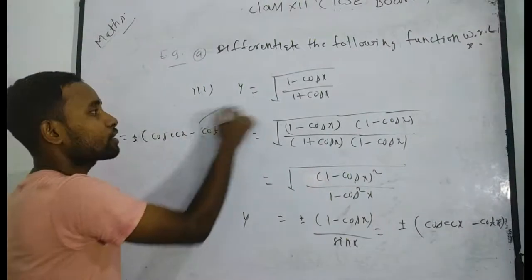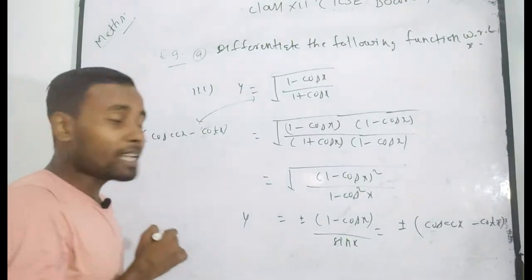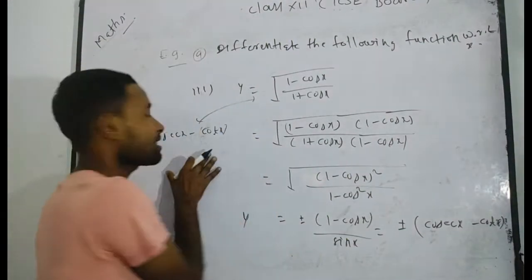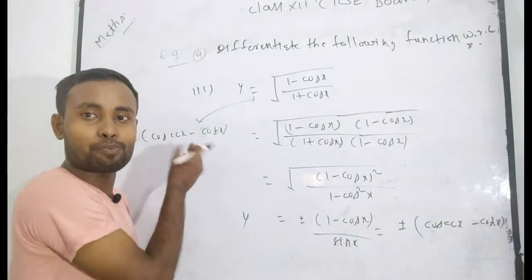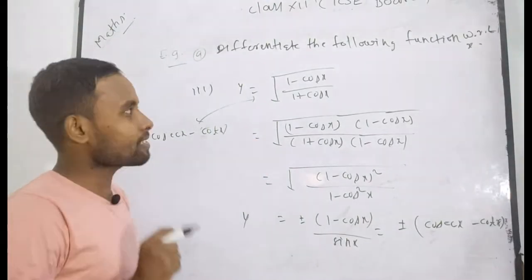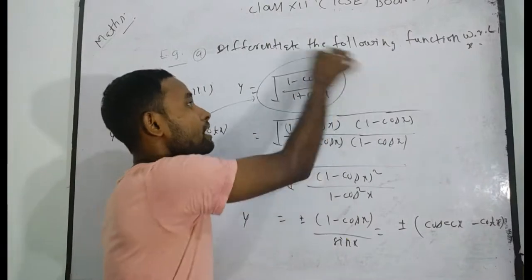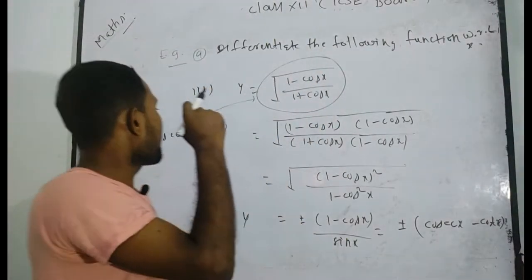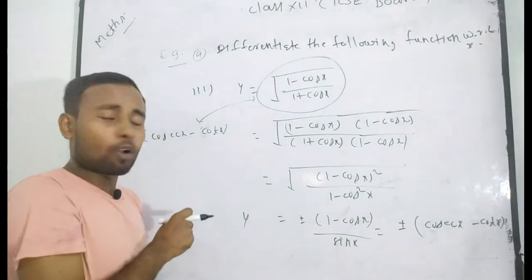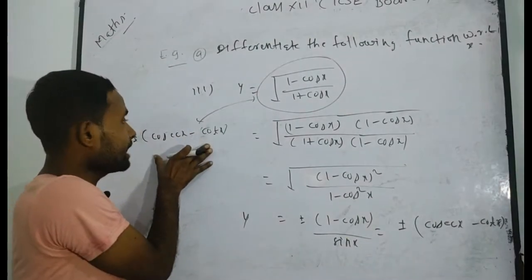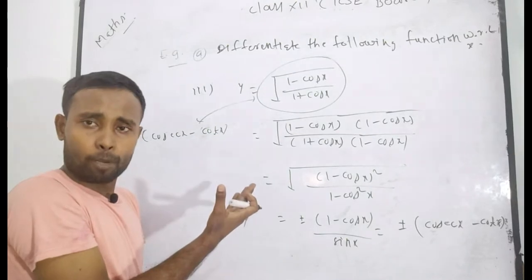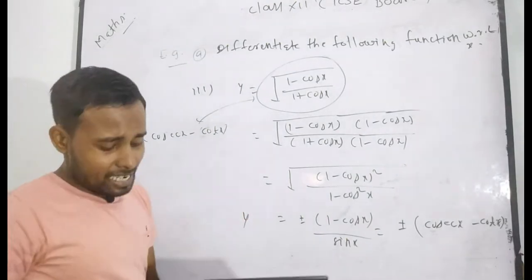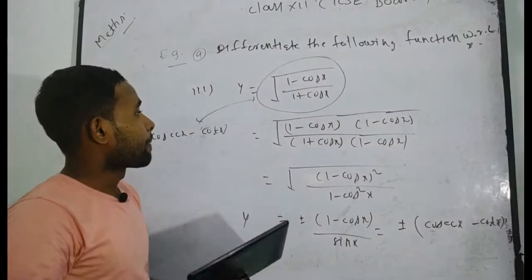If you compare this function with the earlier function, you will realize this function is in simplest form and you can differentiate it so easily. So I always suggest you, if you feel a given trigonometric function is in complex form, try to convert or express or change it into simplest form such that you can differentiate easily.